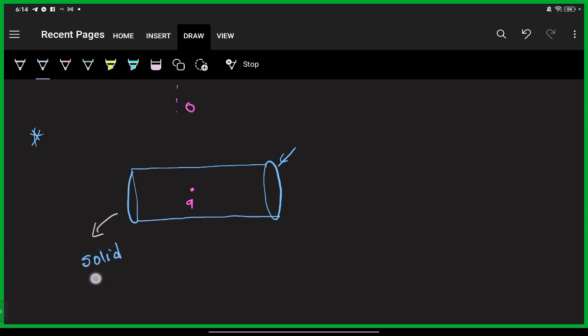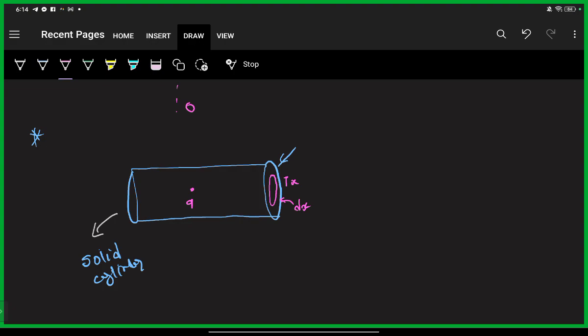In this solid cylinder case, we are going to consider a ring of radius x and thickness dx. You can call it a ring or disk also, because a ring does not have any thickness.